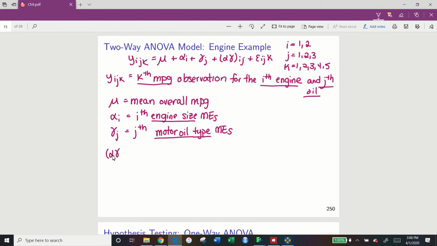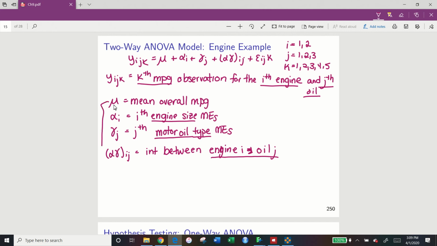And alpha times gamma ij is the interaction between engine i and oil j.